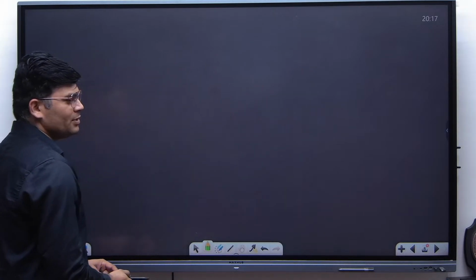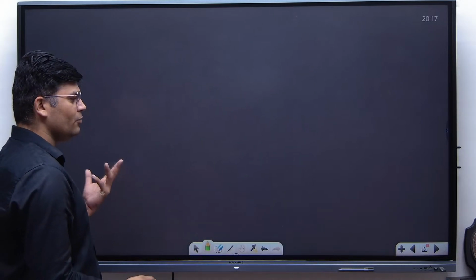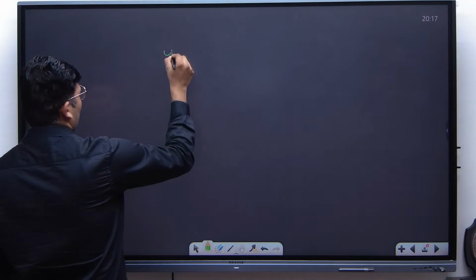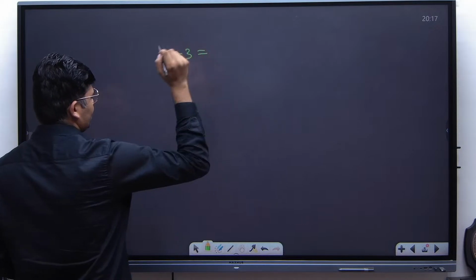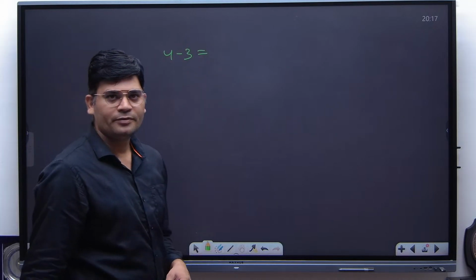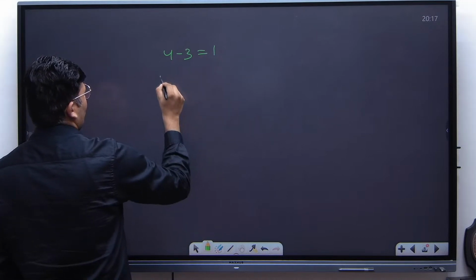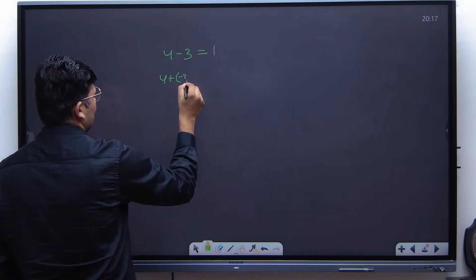So integers means we are going to subtract some numbers, add some numbers, multiply some numbers. I am starting from a very basic question. What is 4 minus 3? What is 4 plus minus 3?